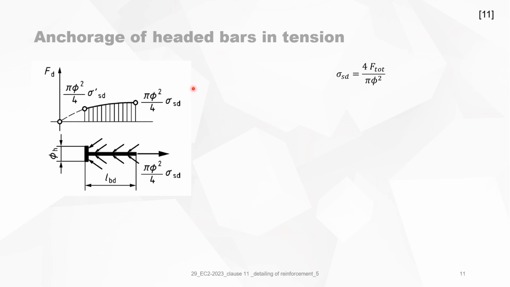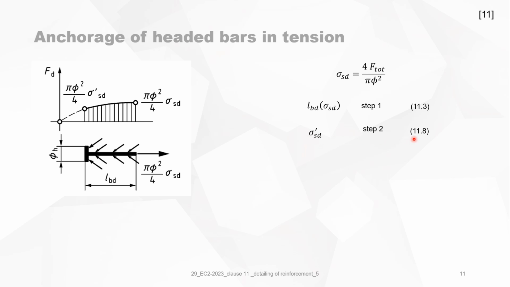Now we will explain a procedure how to calculate an anchorage of a headed bar in tension. You start by calculating sigma SD, which is of course the total force that you want to obtain divided by the cross section of the bar. Then you take step 1, you calculate the development length needed for a straight bar with the tension force sigma SD.